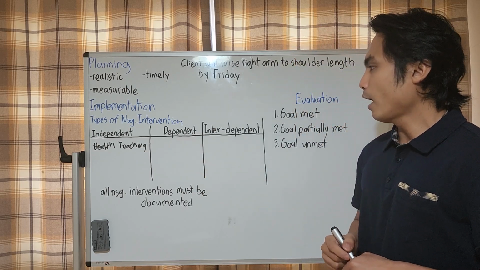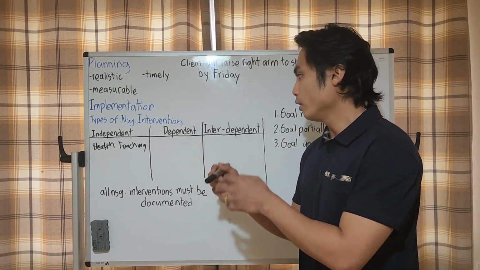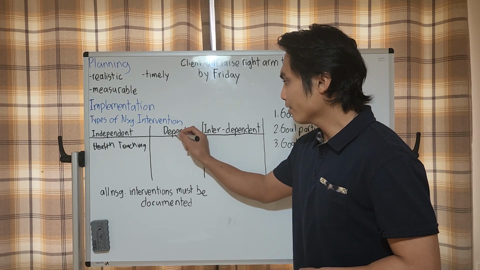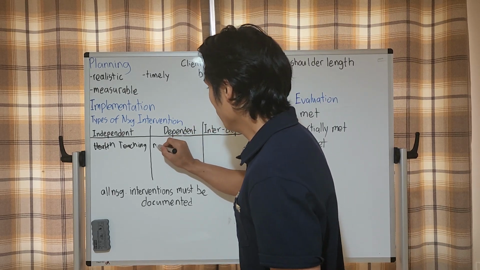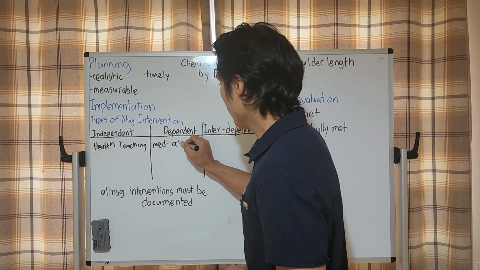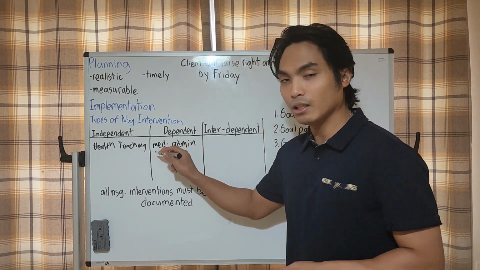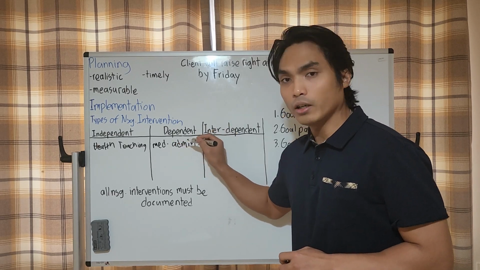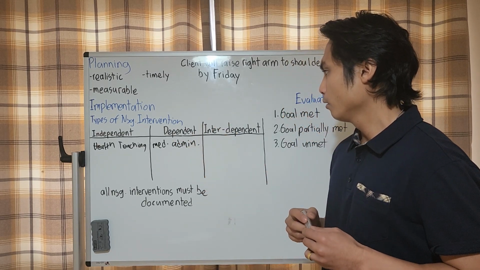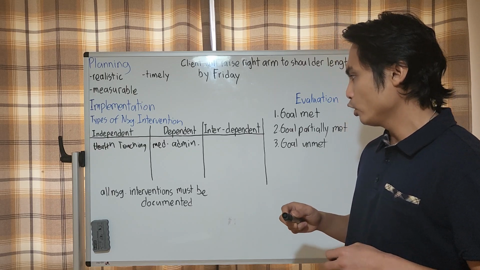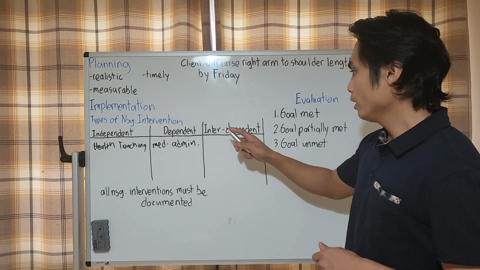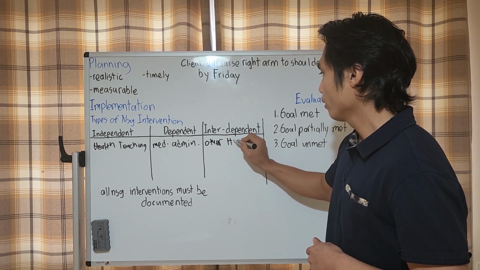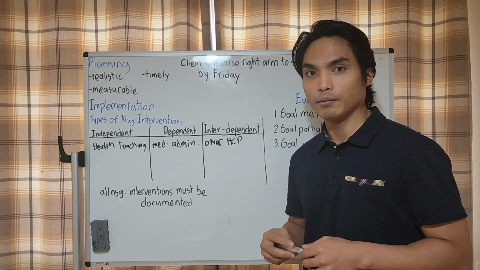Dependent requires an order from the physician, the doctor, isn't it? So a good example here is medication administration. Do we need doctor's order here? Yes. So that's a dependent nursing intervention. Interdependent is when we collaborate with other healthcare professionals.